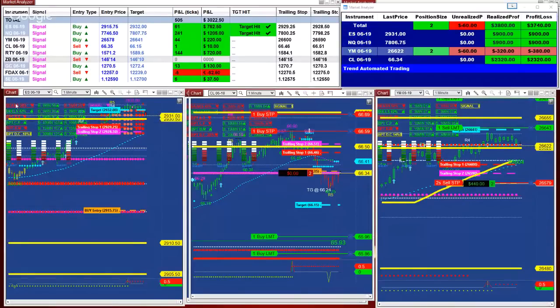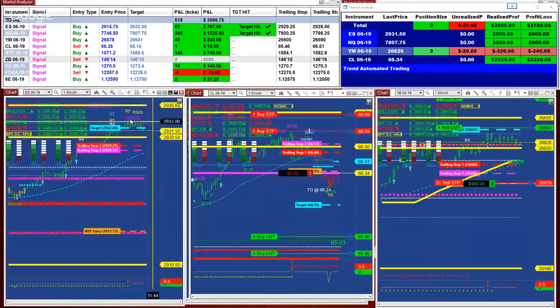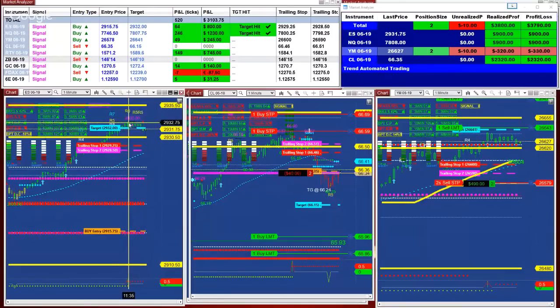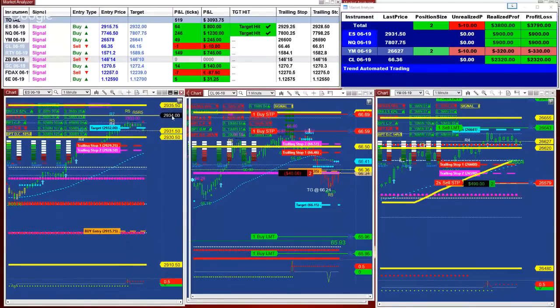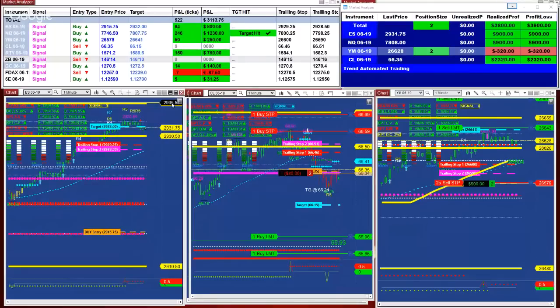Actually, it's a short on the ES. There is no long trade here, scalping.